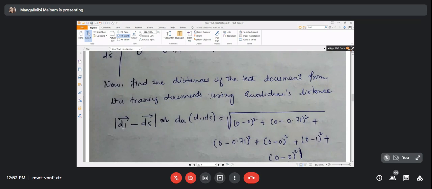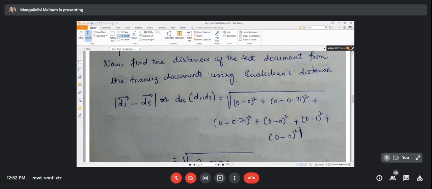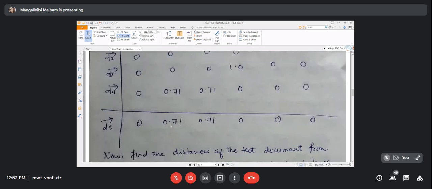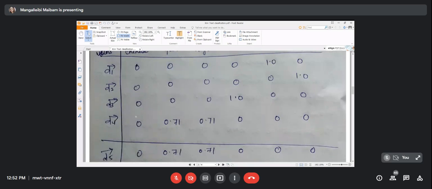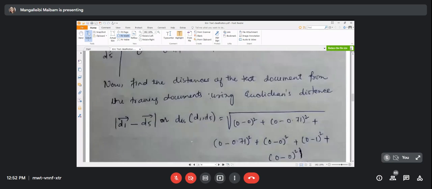So this is the formula, d1 minus d5, or we can say distance of d1 and d5. Then d2 and d5, d3 and d5, d4 and d5. So four distances will be calculated, for d1, d2, d3, d4 with respect to d5.